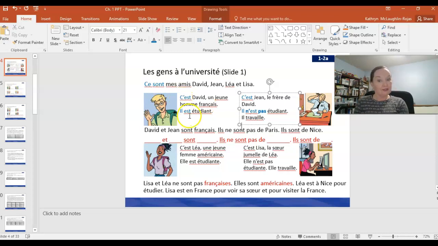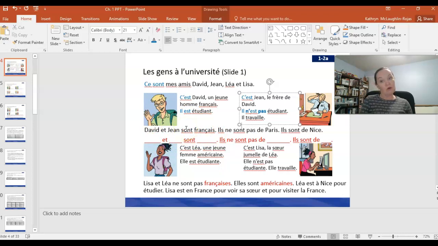So c'est David, il est étudiant, he is a student. C'est Jean, il n'est pas étudiant, he's not a student. Il travaille, he works or he is working. It can mean either one of those. Okay. So David et Jean sont français. So they are French.